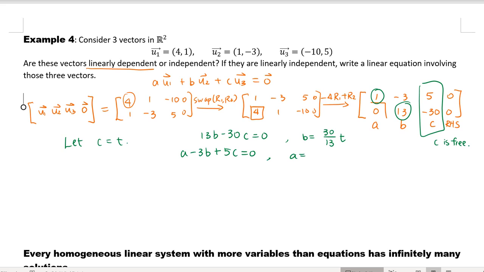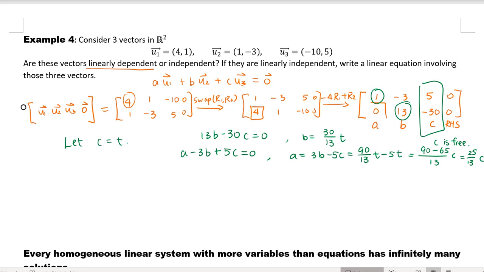So A is 3B minus 5C. 3B is 90 over 13 t, minus 5C, so 5t. Let's see, 5 times 13 is 65. So 90 minus 65 is 25. So A is 25 over 13 t.